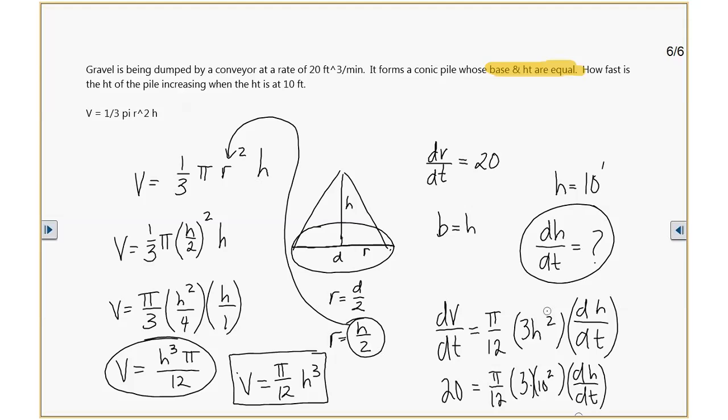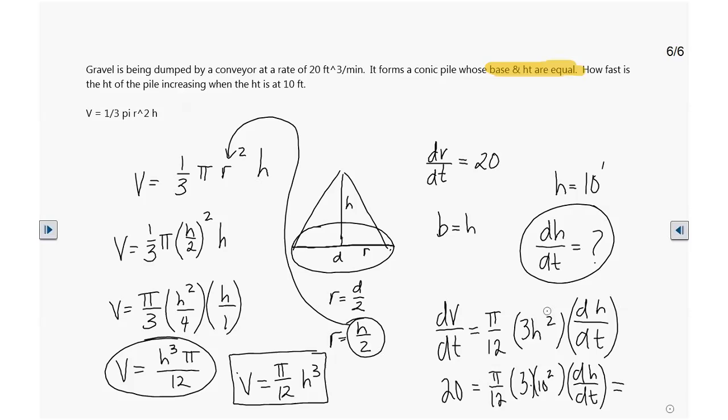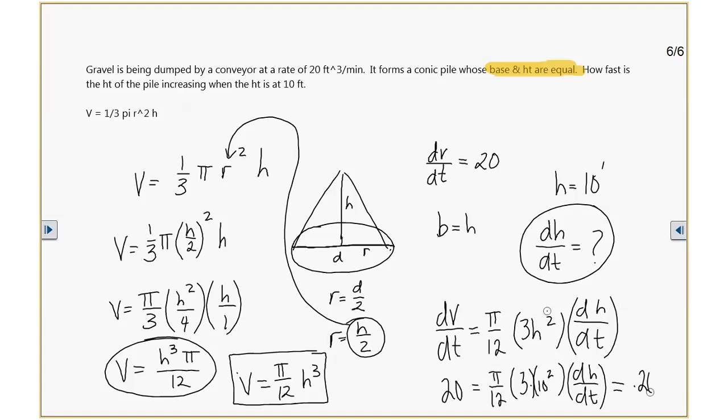What did you come out with? 0.26 feet per second. All right. Pretty much feet per second or feet per minute. I don't know about the feet per minute since it's giving us per minute. 0.25, 0.26, yeah. So dh/dt is equal to 0.26.